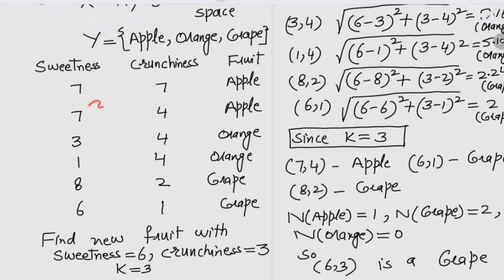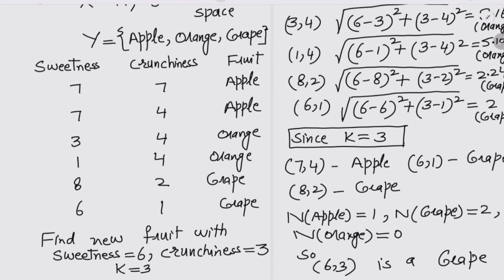Similarly, we check another fruit which has sweetness 7, crunchiness 4, and the label of these features is apple. If the sweetness is 3 and crunchiness is 4, then we get orange.